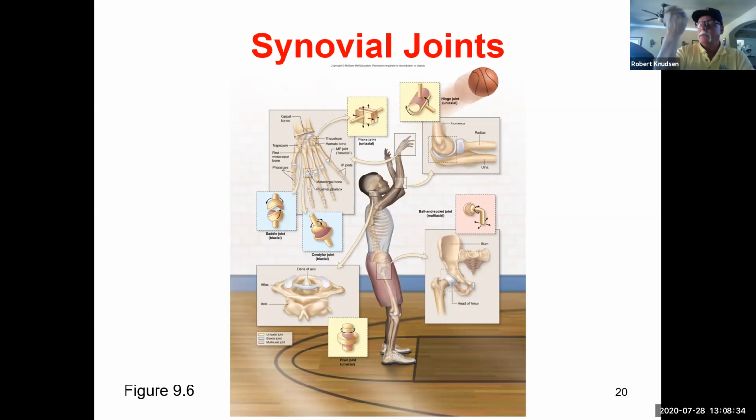And a plane joint, your tarsals and carpals, and a hinge joint. Good. So on the exam, I'm going to ask you, the femur going into the acetabulum of the hip, what class of joint? Ball and socket. Good?